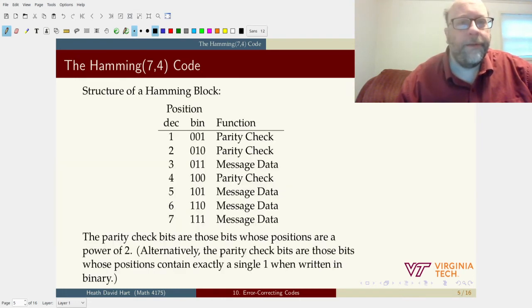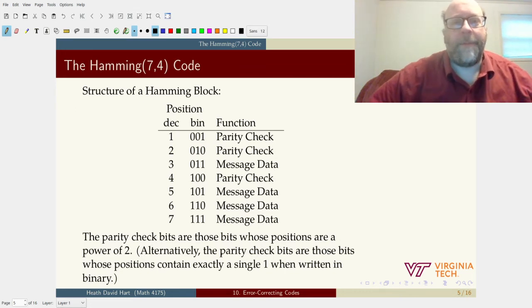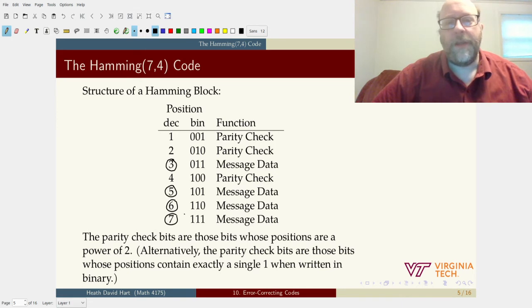All right. So here's the structure of the Hamming block. The 4 message bits are not stored consecutively. They're stored in positions 3, 5, 6, and 7. And the reason is that if we write 3, 5, 6, and 7 in binary, we have 2 or more 1s in each of those values. 3 is 0, 1, 1, 5 is 1, 0, 1, 6 is 1, 1, 0, 7 is 1, 1, 1.